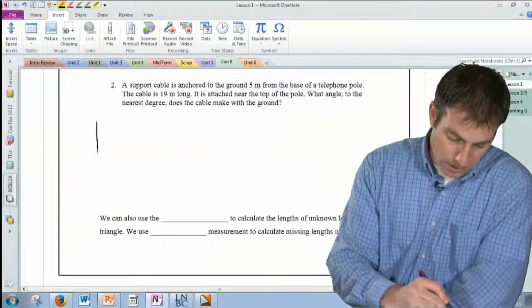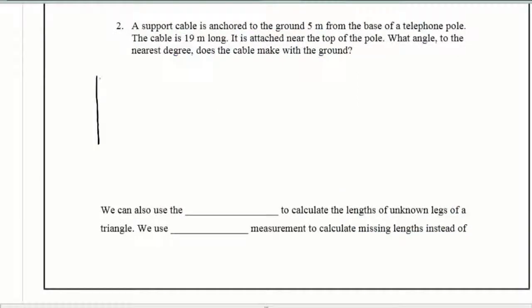Here is my telephone pole. And just a nice little grass growing at the bottom. There's my pole. It says it's anchored to the ground 5 meters from the base. So here's the base. I'll go over here. This is 5 meters. So there's my anchor.